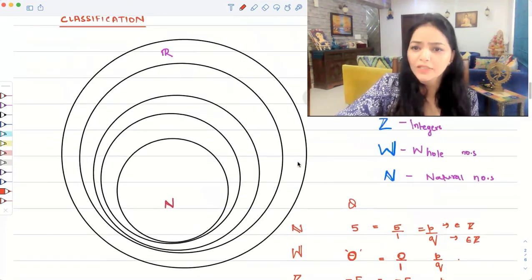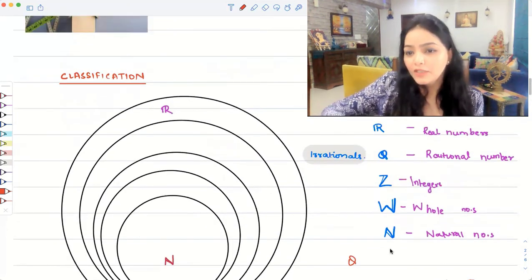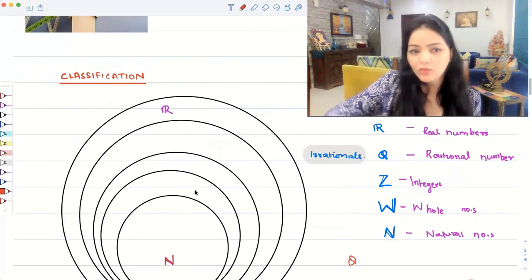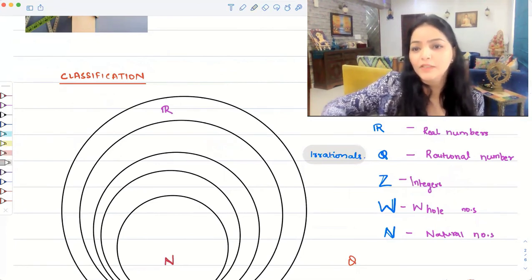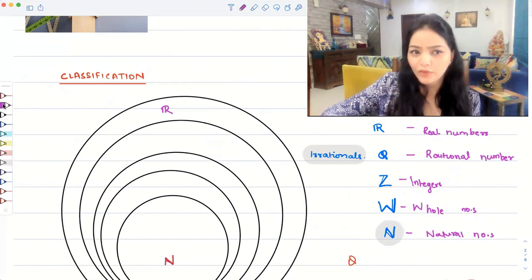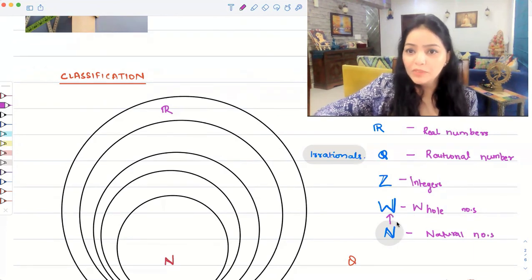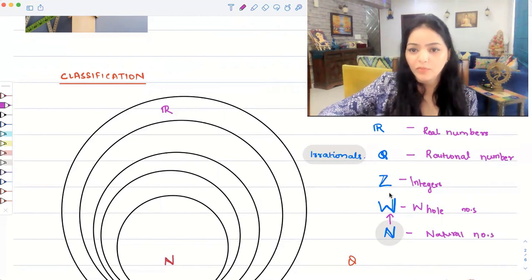So what essentially is happening? The set of natural numbers, if you may notice, is the smallest of all here because it starts with 1 and goes on and on. If you add another number 0 to it, you get a bigger set because it has one additional number, and that's the set of whole numbers.